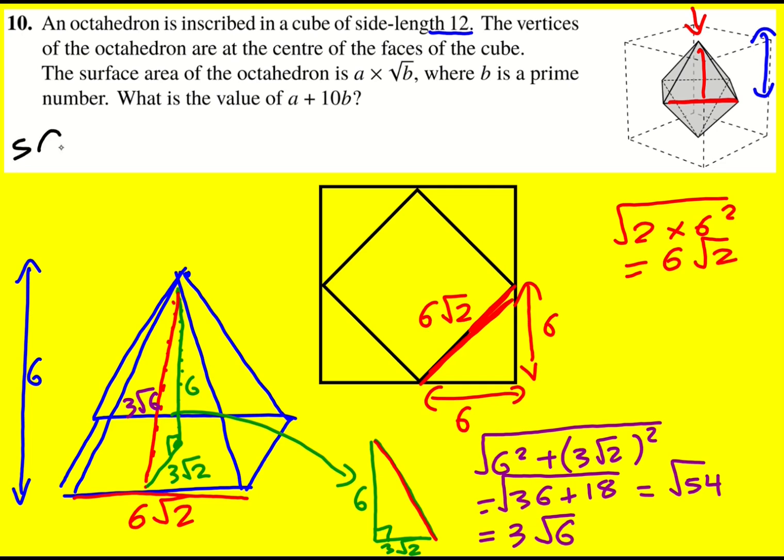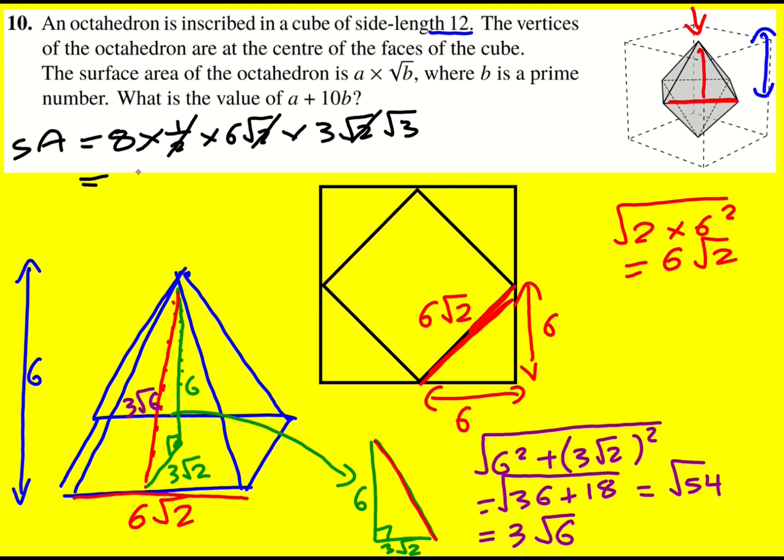The surface area, well, one triangle is going to be a half times its base, 6 root 2, times its height, which is 3 root 6, which I'm now going to write as 3 root 2 root 3, because the root 2s are going to come together. And I just need to then times by 8 to get the total surface area, because there are 8 triangles. The half and the root 2 and the root 2 are going to cancel.